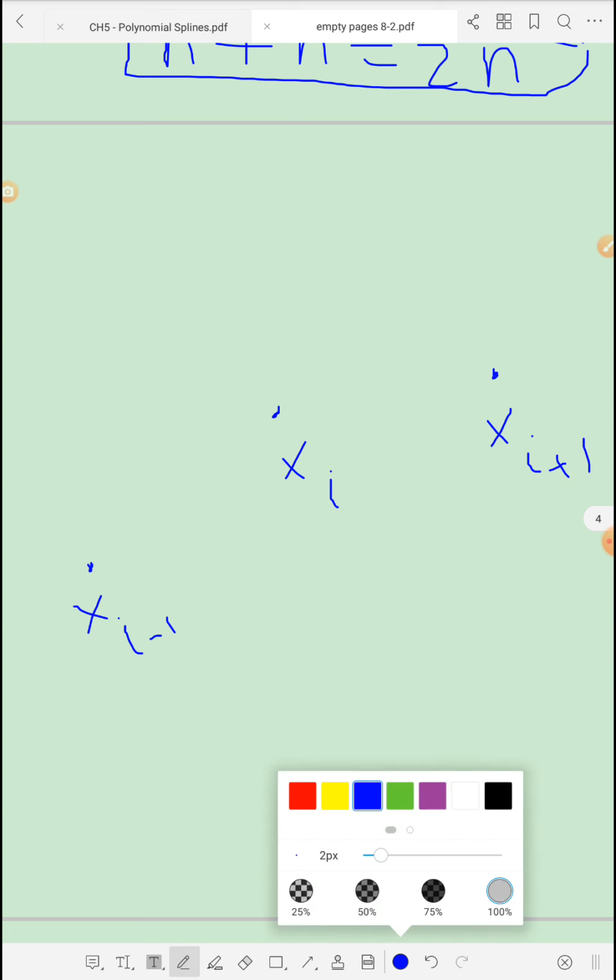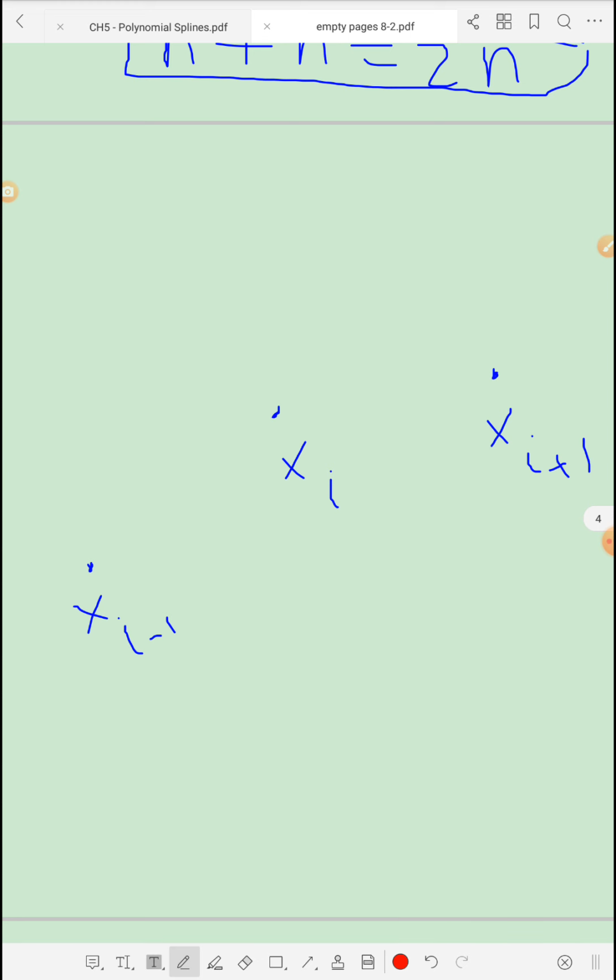Okay, and this is the first polynomial and this is the second polynomial. This polynomial we call fi, and this polynomial we call fi plus 1, which is equal to the index of the right node. Okay, so we have generated 2n conditions from the left and right equalities for each polynomial that should pass through the left node and the right node.